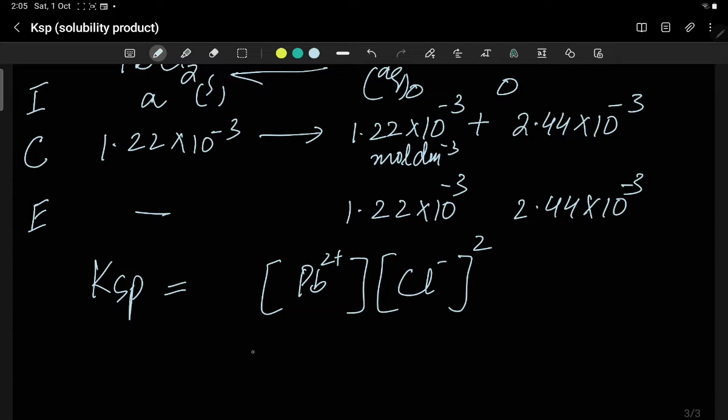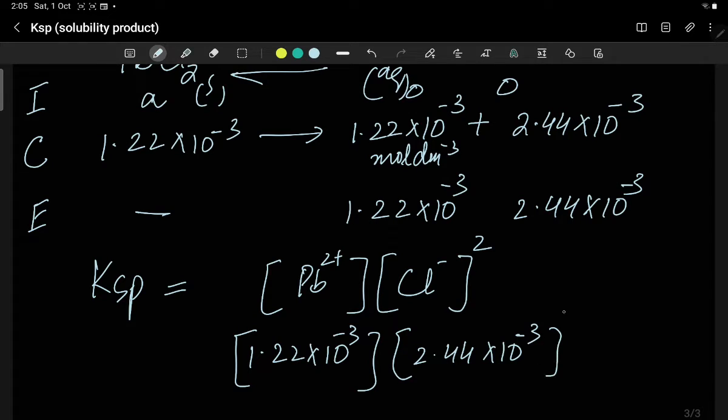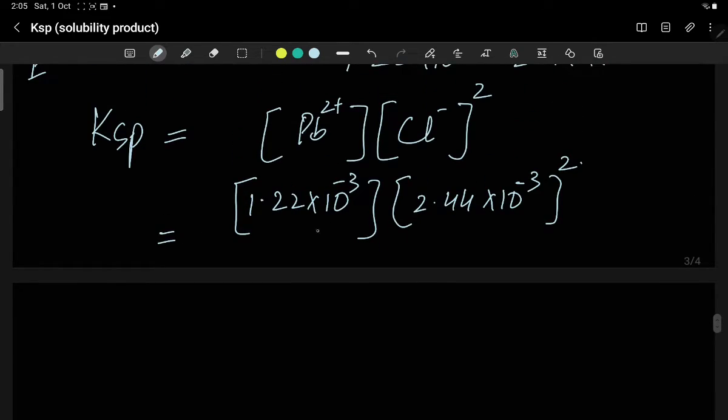The value is 1.22 × 10^-3 and this is raised to power 2.44 × 10^-3 squared, which is equal to 7.26 × 10^-9, and the unit is mole cube dm inverse 9.